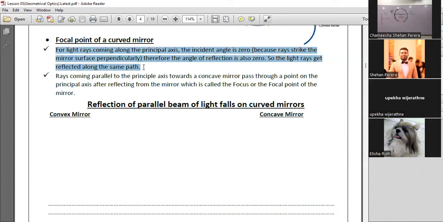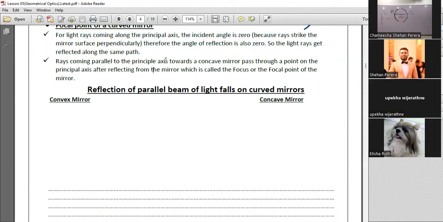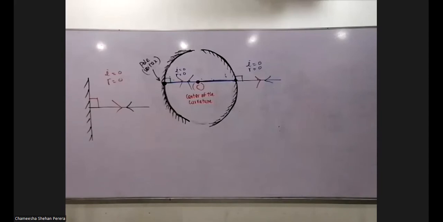Highlight that, it's very important. Okay, right, next part. Rays coming parallel to the principal axis towards the concave mirror pass through a point on the principal axis after reflecting from the mirror, which is called the focus or the focal point of the mirror. Okay, I'll tell you about that.